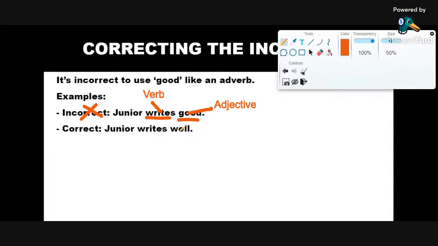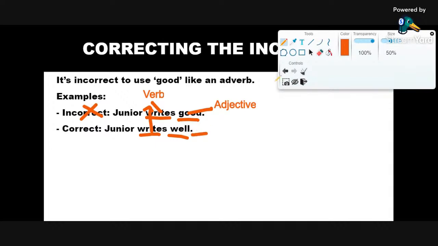But if you use the adverb to describe the verb, which is its grammatical function, then it is correct. Junior writes well. Why is it correct? Because we already said that writes is a verb.